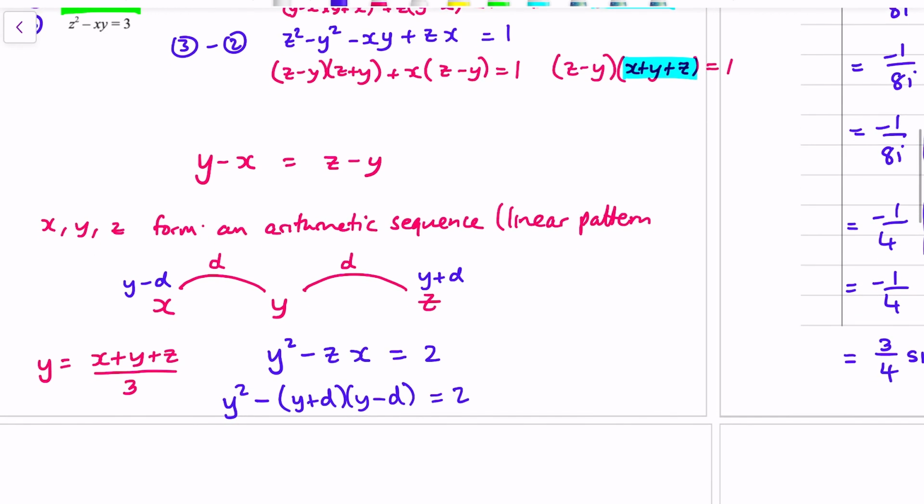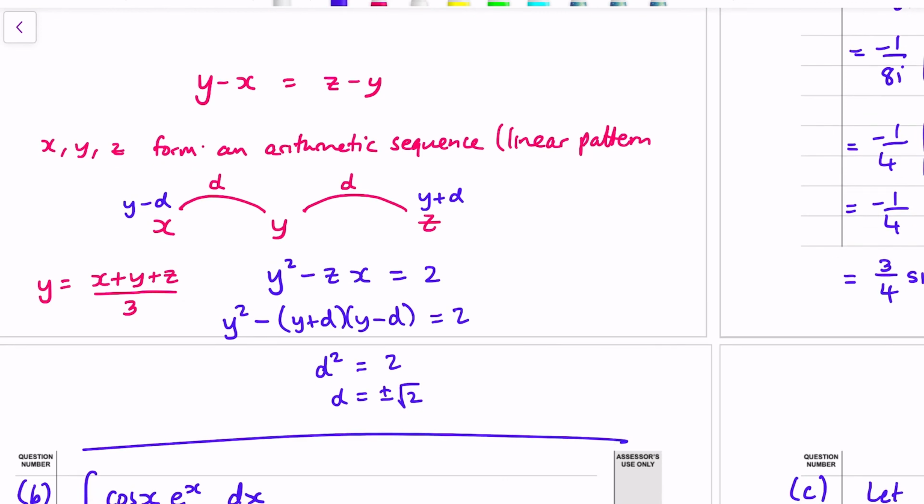The difference of two squares again, and the y squareds cancel. And the dy and the minus dy cancel. So we're just left with d squared equals 2. d is plus or minus root 2, depending on what order the sequence is, whether it's x, y, z, or z, y, x, in terms of increasing or decreasing. So we've got the d value is plus or minus root 2.